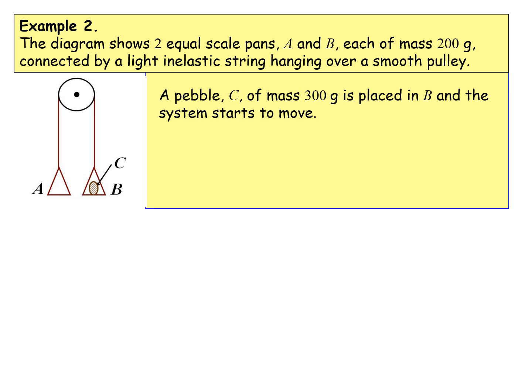A pebble, C, of mass 300 grams, is placed in B, and the system starts to move. Find the acceleration of the system. Okay. Well, obviously B is going to come down and A is going to go up.